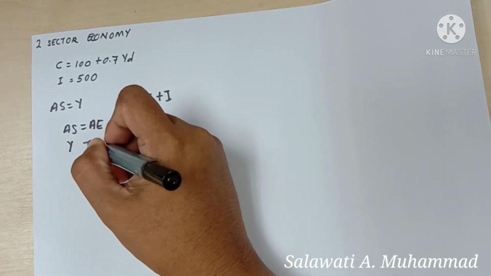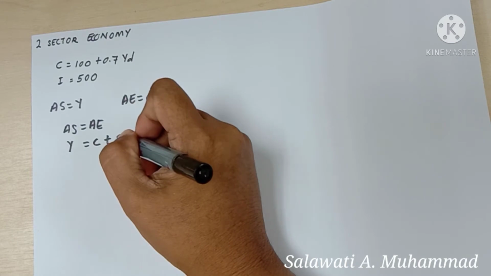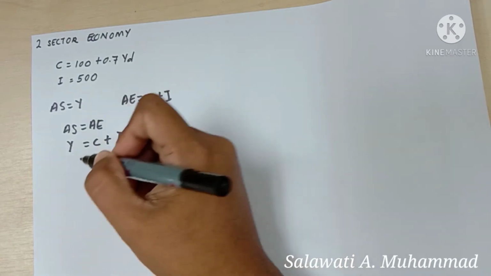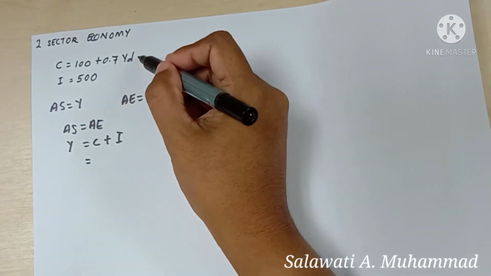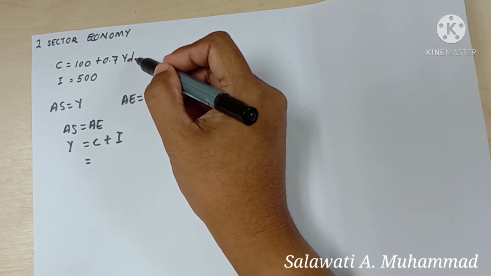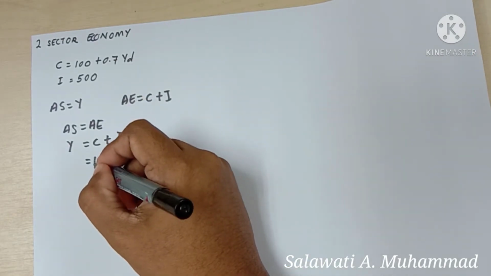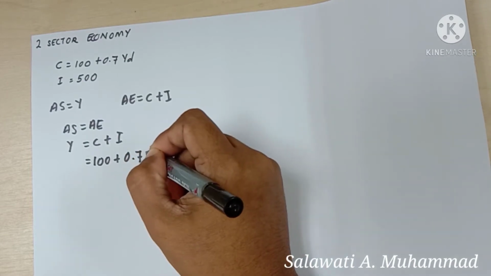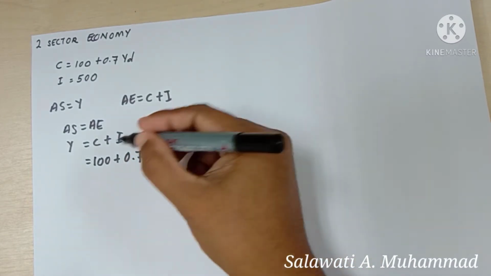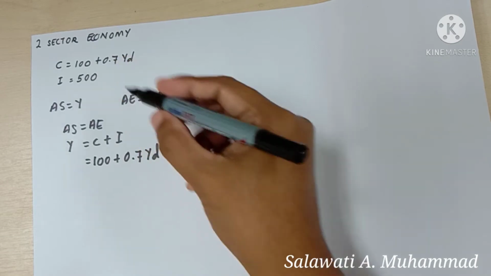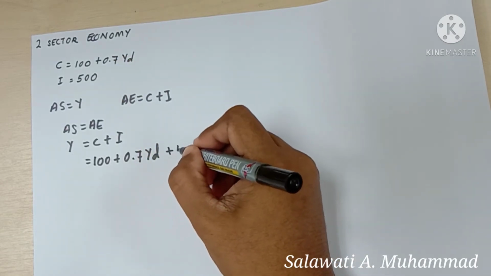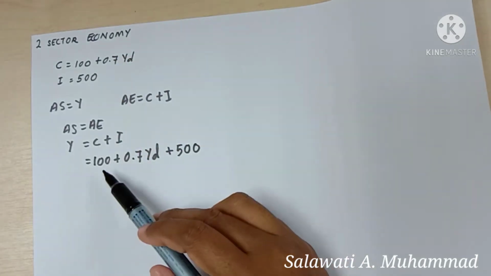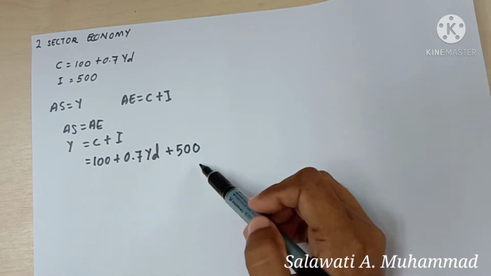So Y equals C plus I. The amount of C, we use this function, 100 plus 0.7 YD. How about I? I is 500, so we plus 500.